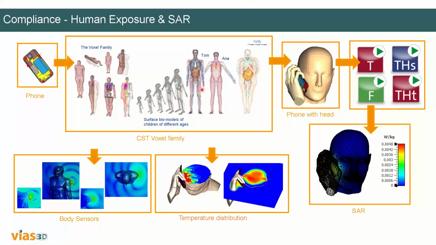When you are doing this SAR analysis, one of the most important things is an accurate phantom model. We have a phantom model which is provided in the latest 2021 version. Before that, you can directly download it from our customer database. It contains different kinds of voxel models, including all kinds of new materials, each material having different dielectric properties. The dielectric properties can be tuned to the relevant frequency. If you are not able to tune them, you will get different results, because every part of the human body is frequency dependent.